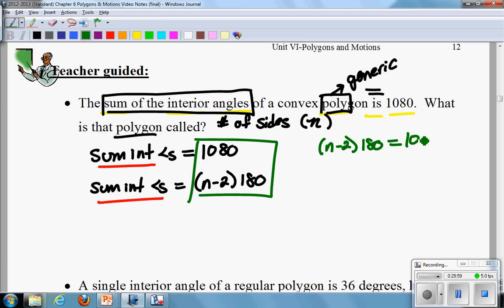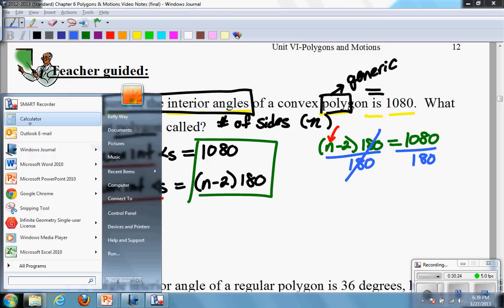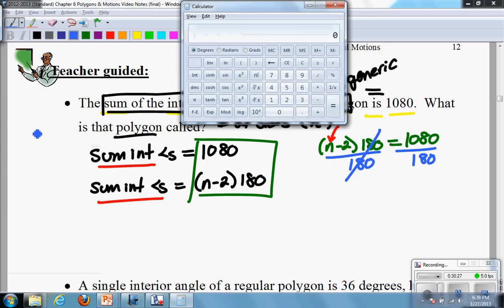Now we want to get n by itself, so put a little arrow by n. That's where we're going. Step 1, we're going to get rid of the 180, so we're going to divide both sides by 180. 1080 divided by 180 equals 6. So we have here n minus 2 now equals 6.